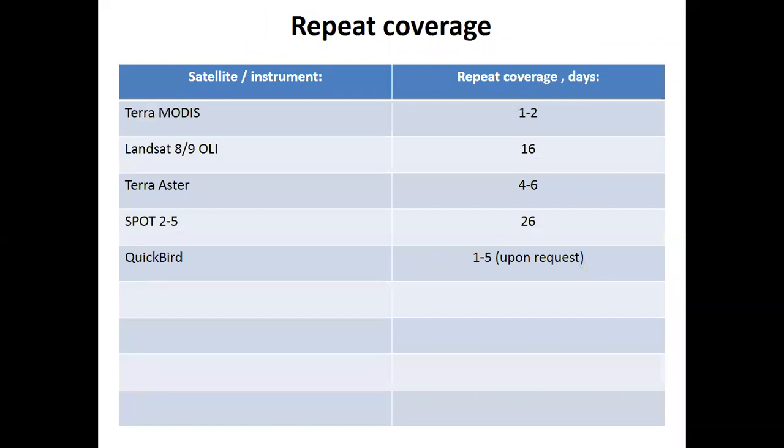So this is the result of this compromise. Generally, not as a very strict rule, the higher the resolution the satellite image type has, the less frequent is the coverage.